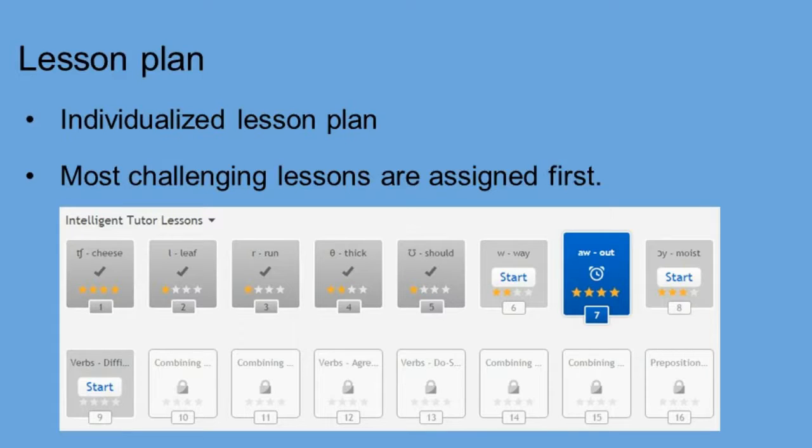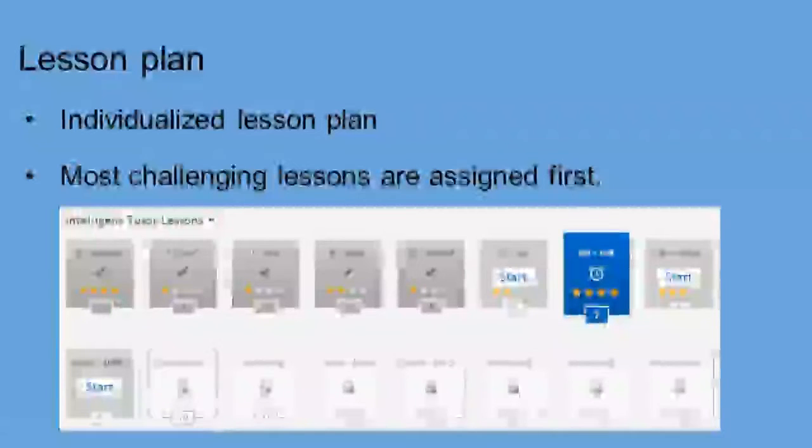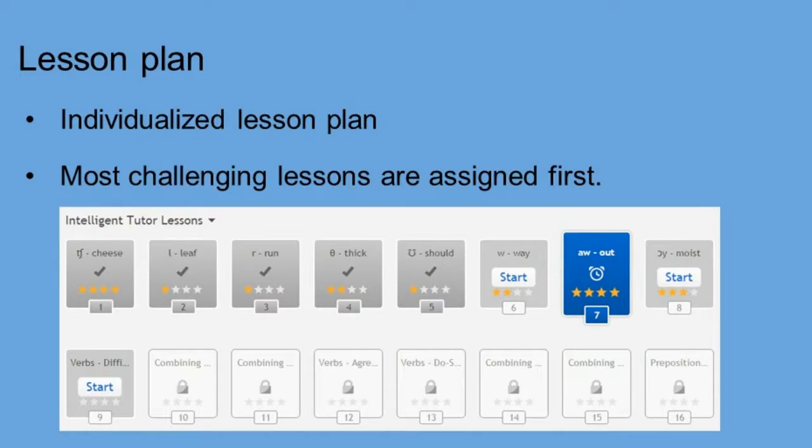As I go through each lesson, there will be a check mark if it is completed. If I have not started a lesson, such as number 6 or number 9, it will say start. Number 7 has an alarm clock, which means I'm in progress with that one but haven't finished it yet.